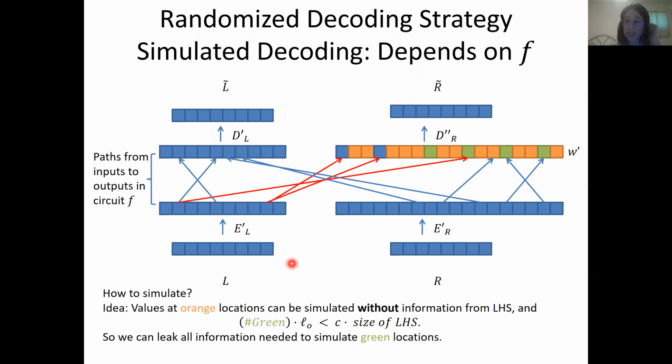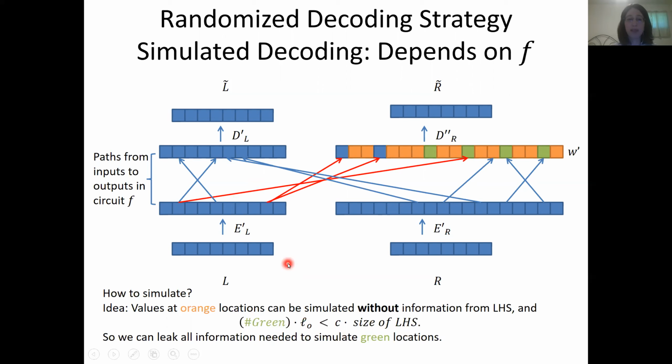So how do we simulate D double prime? Note that the values at the orange locations depend only on the right-hand side. They don't depend on the left-hand side. So this is already split state. The green locations may depend on the left-hand side, but we're going to set the parameters so that the number of green locations times L0 is at most C times the size of the left-hand side.